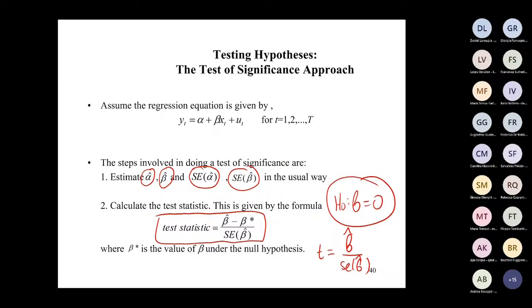Who is going to help me with that? Because it means that the independent variable is not significant for the dependent variable.